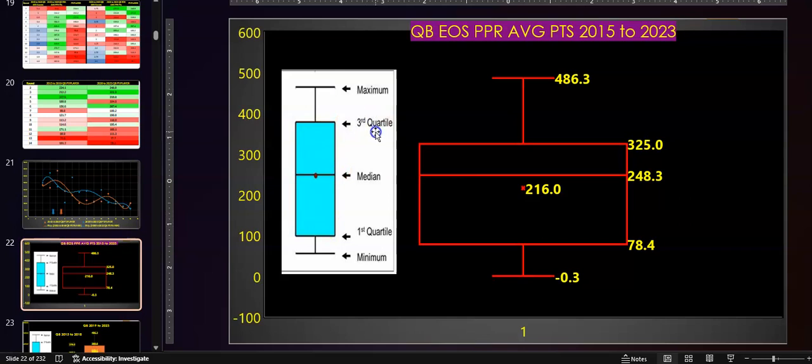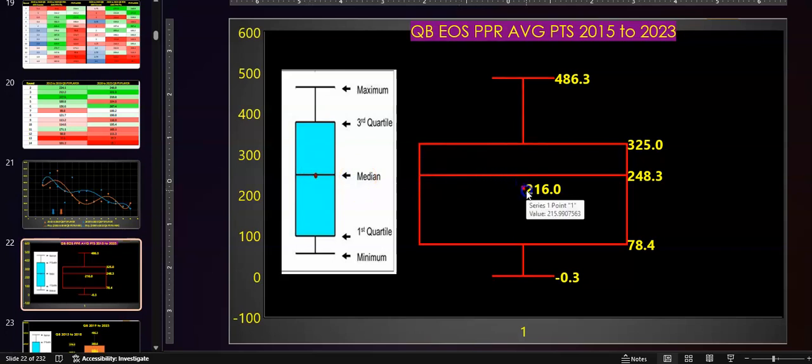These are by 25 percentile. That means a fourth of the population. So the top 25% are represented by the top whisker. The bottom 25% are represented by the bottom whisker. And the box represents the mid 50%. And the median is the line here.